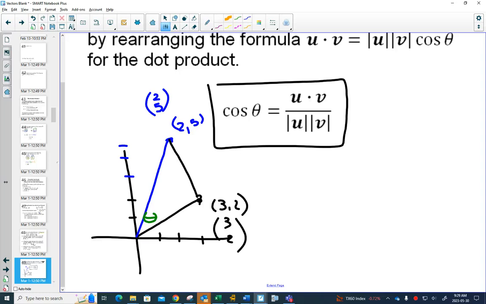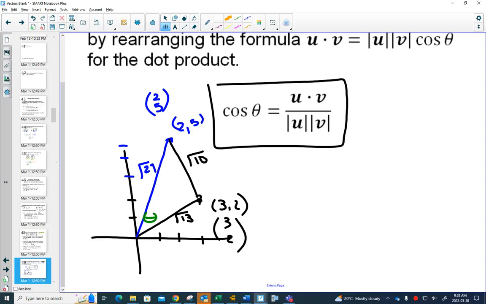And I could use my distance formula to find out that the length of this blue line would be the square root of 29. And I could use my distance formula or trigonometry, a squared plus b squared equals c squared, to find the length of this one to be root 13. And I could find this one using a squared plus b squared equals c squared to be the square root of 10.